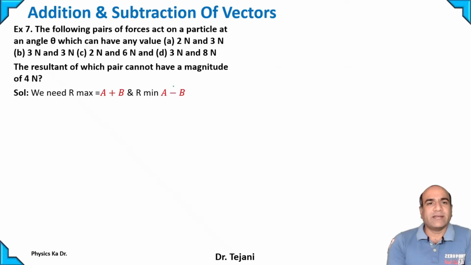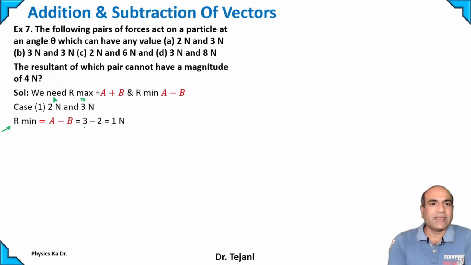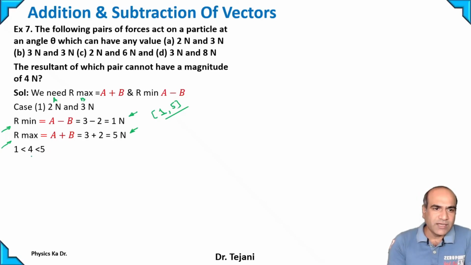So to find the entire range, for the first case, case number 1, where 2 Newton and 3 Newton are mentioned, that is the value of A, that is the value of B. For the minimum value, A minus B, that means 1 Newton. So R can have 1 Newton, and the maximum value R can have is 5 Newton. So R can be in between this range of 1 to 5, and can we say 4 falls in between 1 to 5?